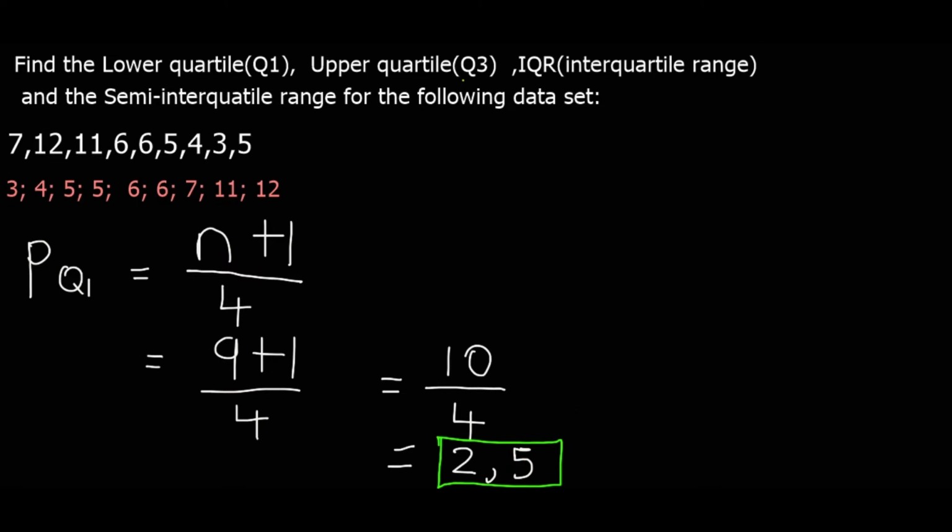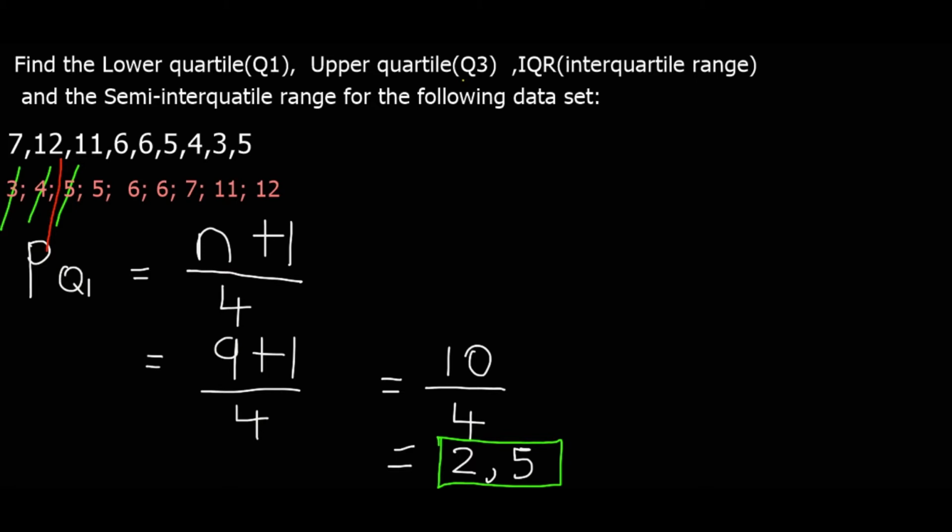Now let's go back to our data, which we arranged in ascending order. This is position 1, position 2, and this is position 3. Because this is 2.5, it is always between 2 and 3, so it is in the middle of 4 and 5.